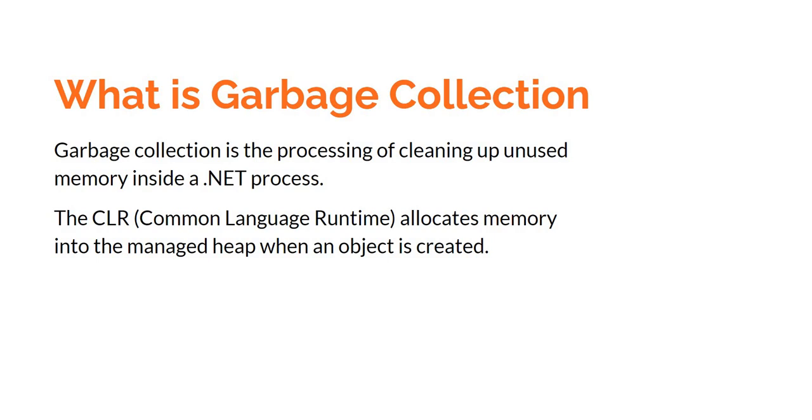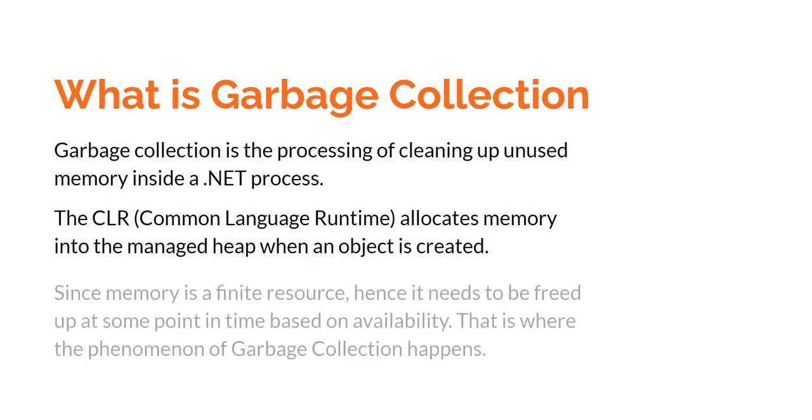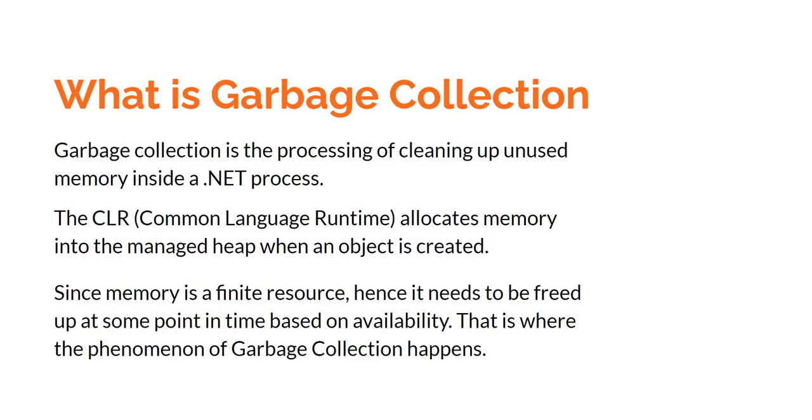Managed heap is an interesting topic, and I'm going to talk in detail about it in the next couple of slides. Since memory is a finite resource, it needs to be freed up at some point in time based on the availability, and that is where the phenomenon of garbage collection happens.